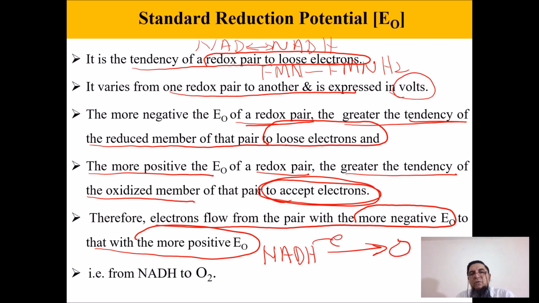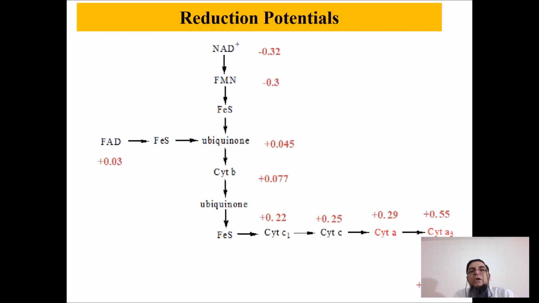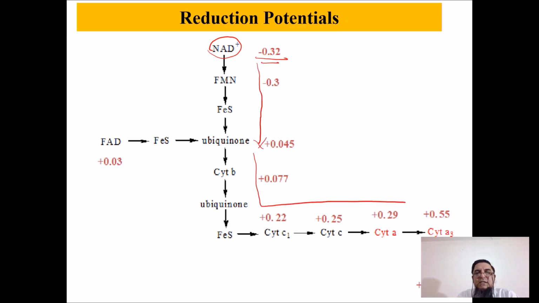So the electron with the proton, at the end of the day, combines with oxygen to make water molecule. If you see the reduction potential from NAD, it goes from more electronegative down to more electropositive like this. That's why the electron moves in this direction.